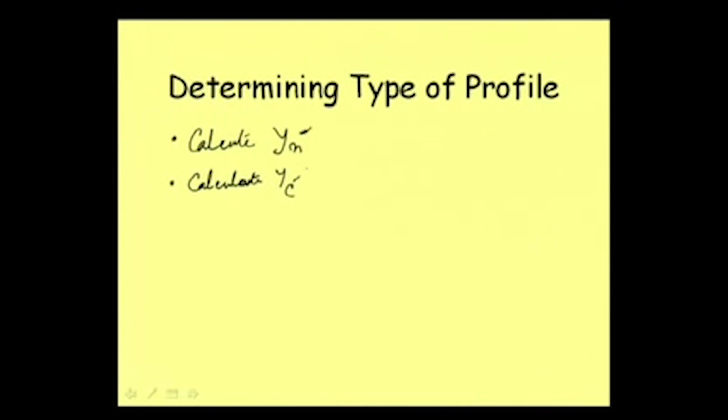And then, based on the statement of the problem, or based on what we are observing in the field, or the situation we are expecting, suppose a dam is there, we know the dam height, or a weir is there, we know the weir height. The flow profile will have to cross that, so we must know what the depth of the flow profile is at any section.